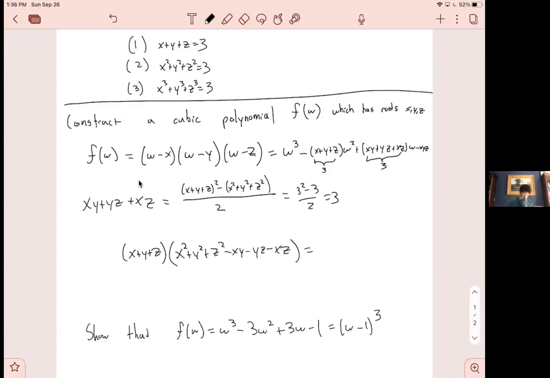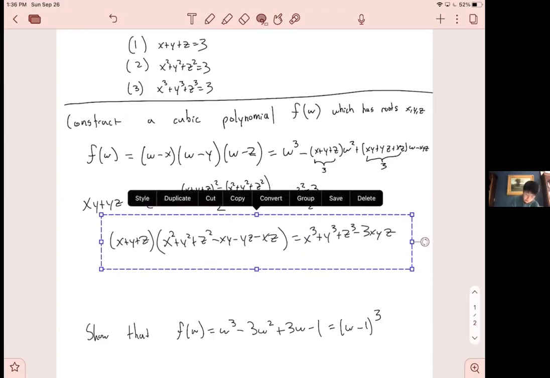There's a known algebraic trick, which is that this expression is equal to x cubed plus y cubed plus z cubed minus 3xyz. I feel bad that I'm using this because this isn't very motivated if you haven't heard of it.